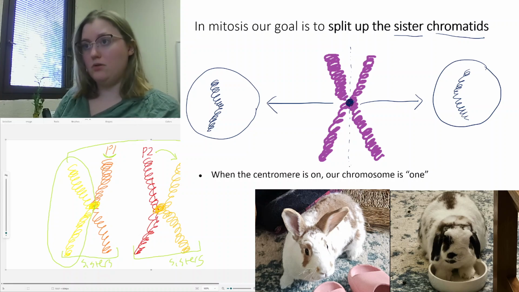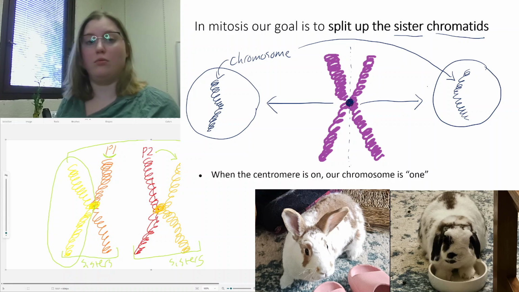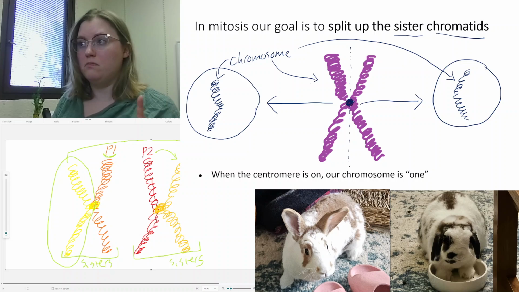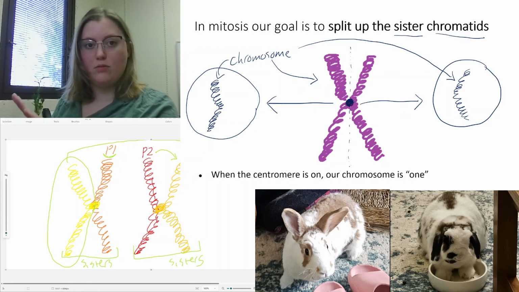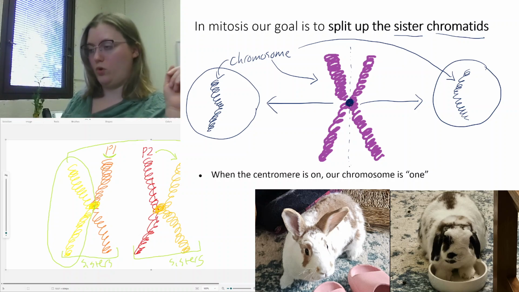So this is a chromosome, and this is a chromosome. When they are connected at the centromere, also a chromosome, okay? So connected at the centromere is one chromosome, disconnected, two chromosomes, okay?